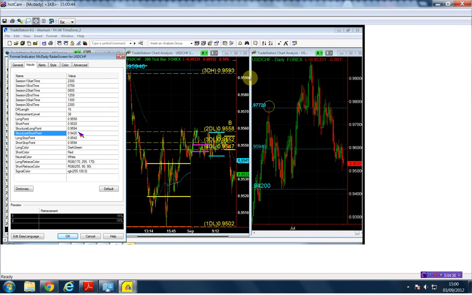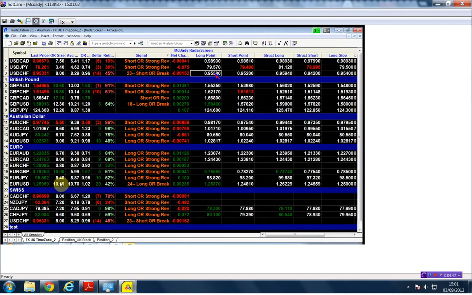Okay, so on the long side, for the dollar Swiss, we're buying it above 95.58. We have a structural long point at 95.94, and our stop is going to be 95.40, so it's a tight stop.